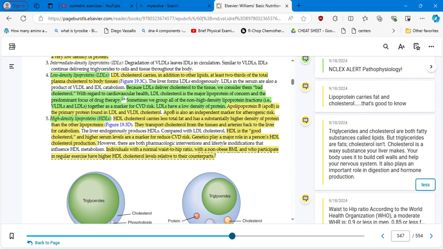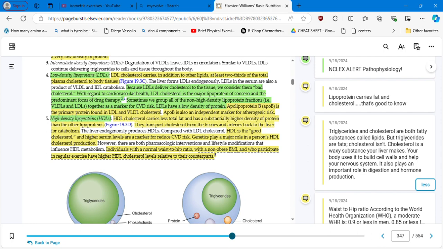Because LDL delivers cholesterol to the tissue, we consider it bad cholesterol. LDL is your bad cholesterol. And basically, if you remember that, you're safe. We are not going to test you like we are usually tested when we have to take our certifications for nurse practitioner or PA or DNP, whatever. As long as you know that LDL is bad cholesterol, you're in good shape.